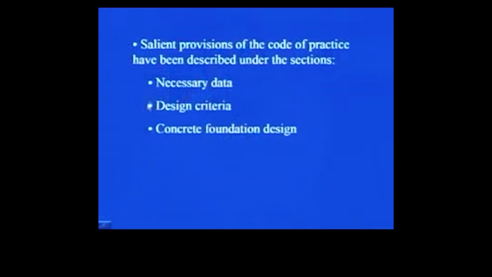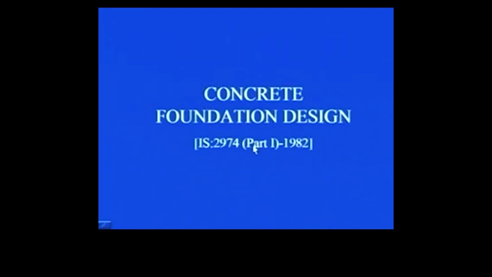Now, let us start the concrete foundation design, what exactly our IS code says about this. So, concrete foundation design, the contents have been taken from IS 2974 part 1, 1982.